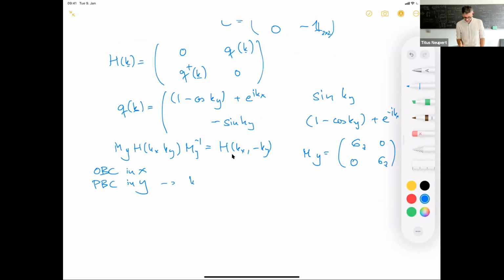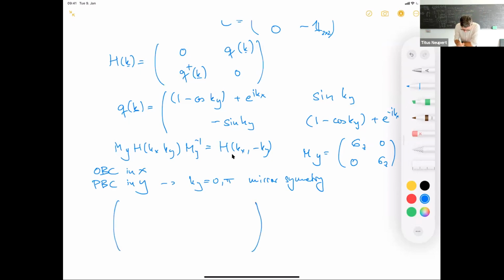In particular, then at ky equal to 0 and pi, I have mirror symmetry in the spectrum, and I can classify the states by mirror eigenvalues plus or minus 1. And what we see is that at these places we have a decomposition of this Hamiltonian.